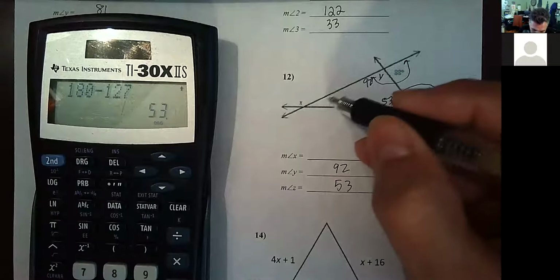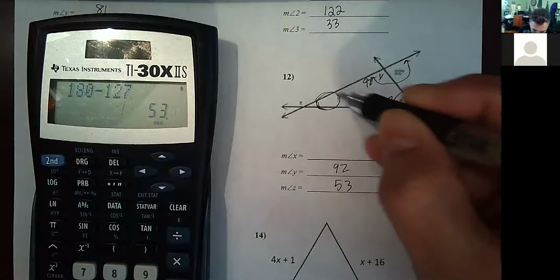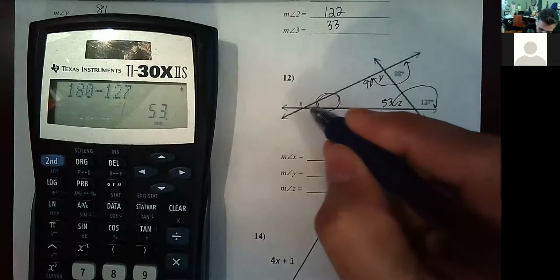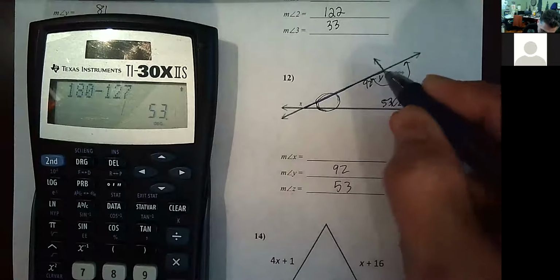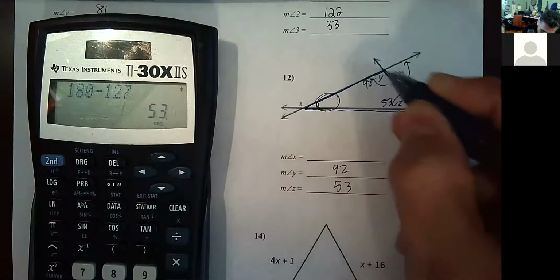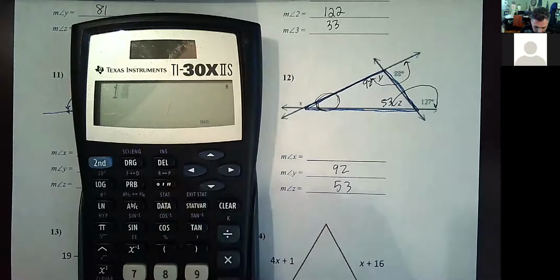What I'm going to do is figure out this angle in here. And I know, and you know, this is a triangle. The three angle measures have to equal 180.